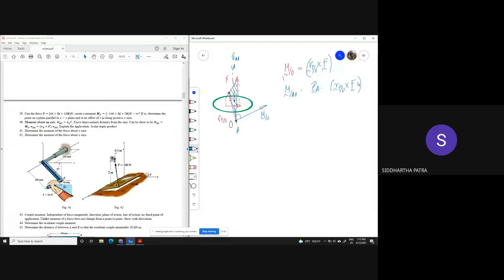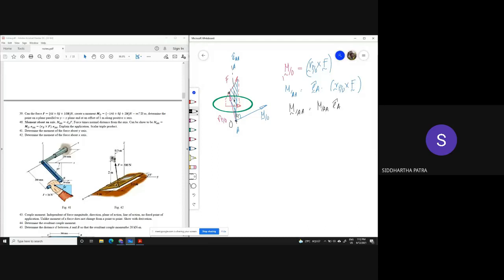Okay, and this essentially is a scalar triple product. Sorry, this is the scalar value or the component of the moment that is along this axis. And if I were to represent that as a vector, I should again multiply it with a unit vector. Okay, and that essentially gives me the direction of the moment.